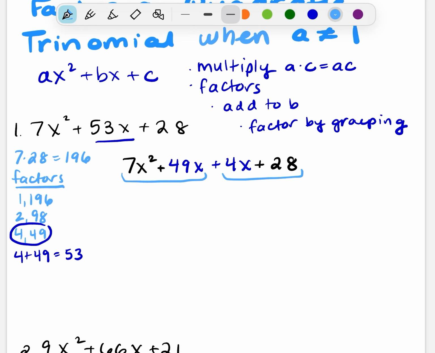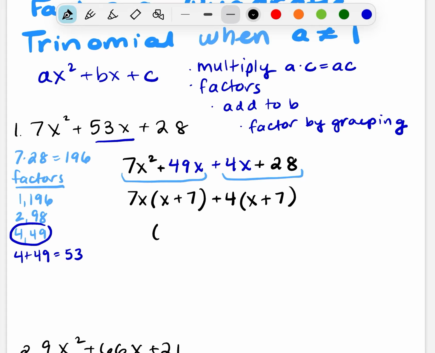7x squared plus 49x, well, the greatest common factor there is 7x. When I factor out a 7x, I'm left with x plus 7. And for 4x plus 28, the greatest common factor there is a positive 4, so I'm going to factor a positive 4 out. And when I do that, I'm left with x plus 7.